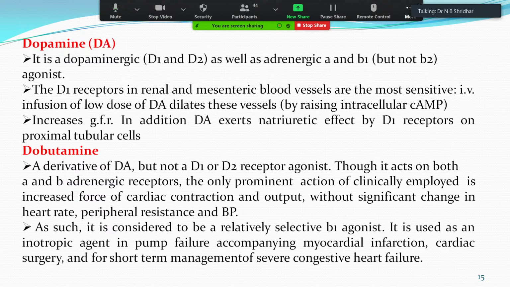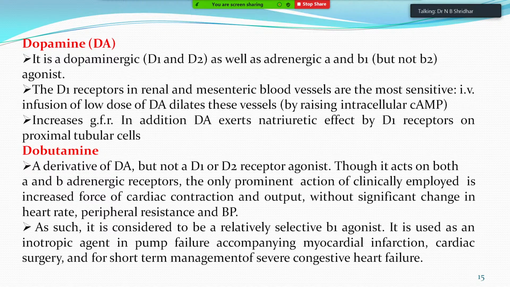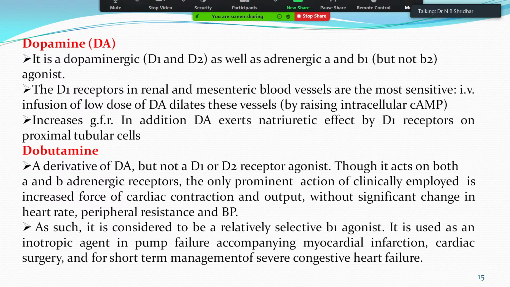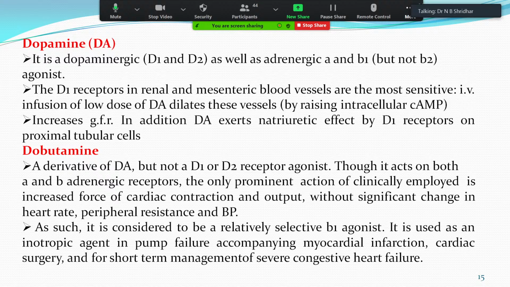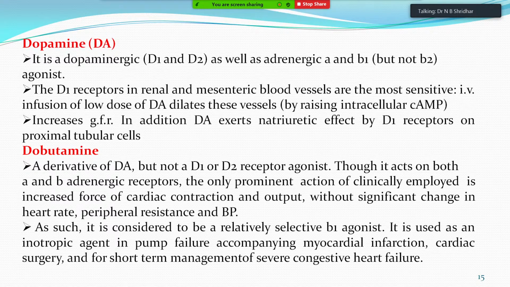As such, it is considered to be a relatively selective beta 1 agonist, meaning it is going to act on the heart, and it is used as an inotropic agent in pump failure, especially in case of accompanying myocardial infarction, cardiac surgery, and for short-term management of severe CHF, congestive heart failure.